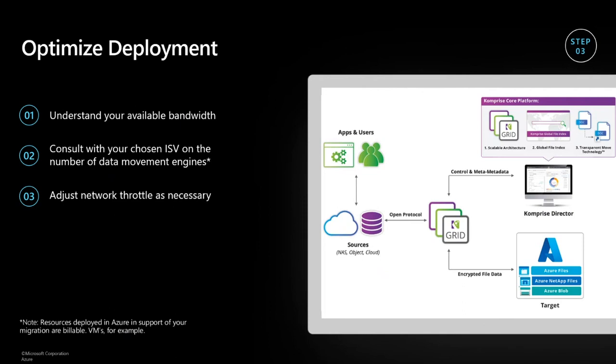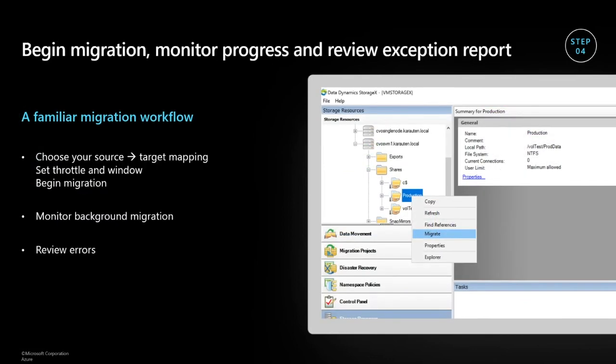And then, of course, as I mentioned, they both support throttling. So you can throttle the bandwidth if needed during business hours. And note my asterisk there. If you deploy resources in Azure, like I did with StorageX, you will have to pay for those virtual machines. Those are billed separately and not included as part of the no-cost services that are part of our file migration program.